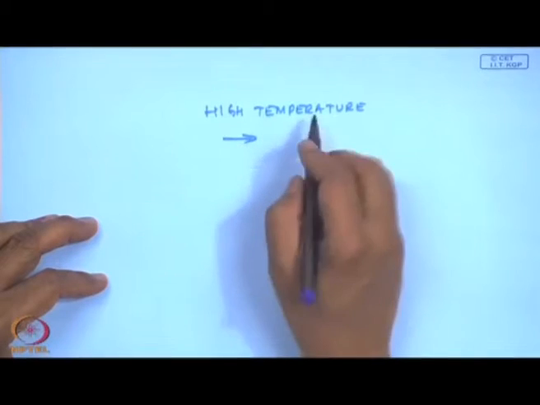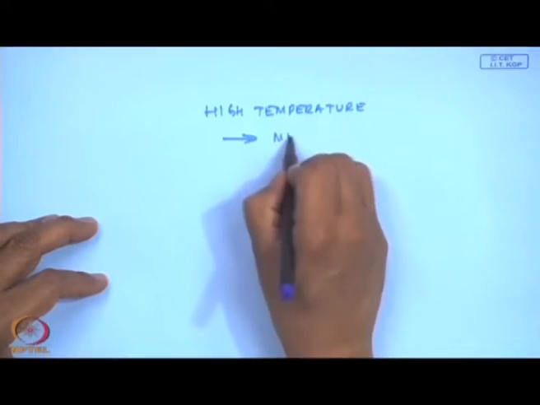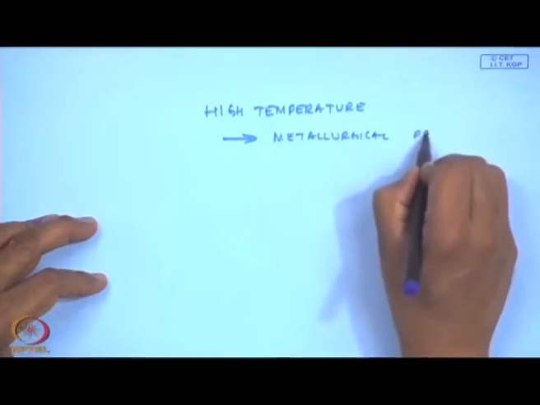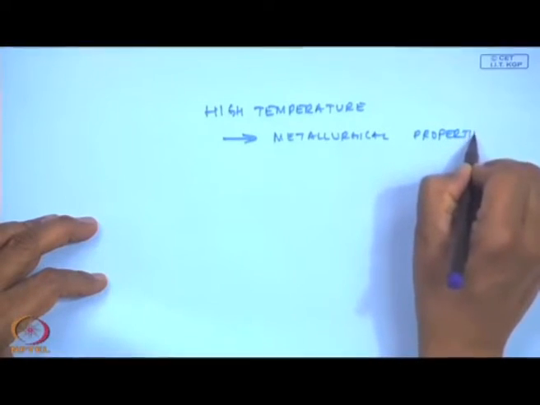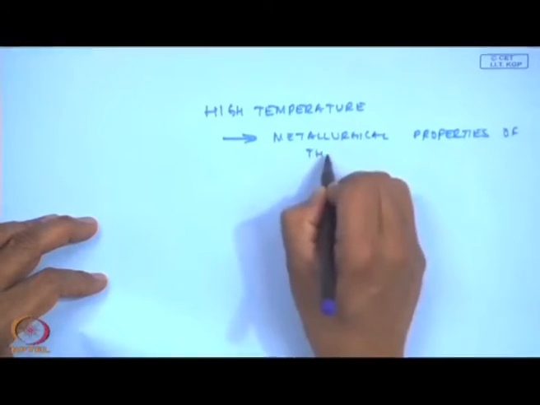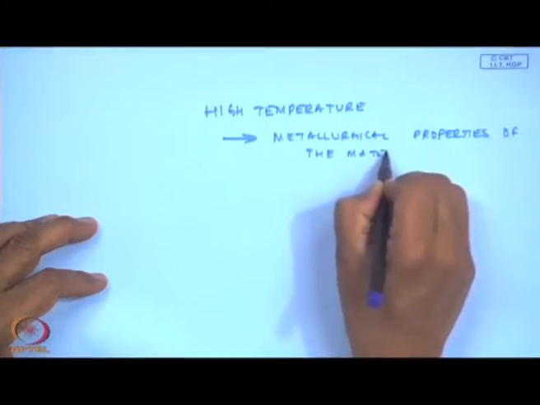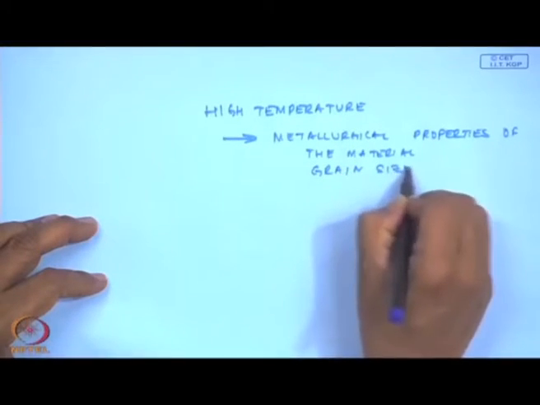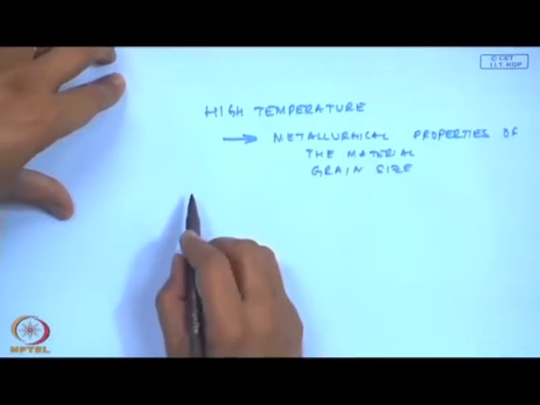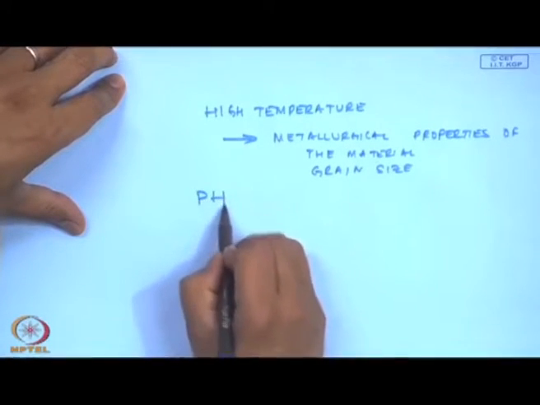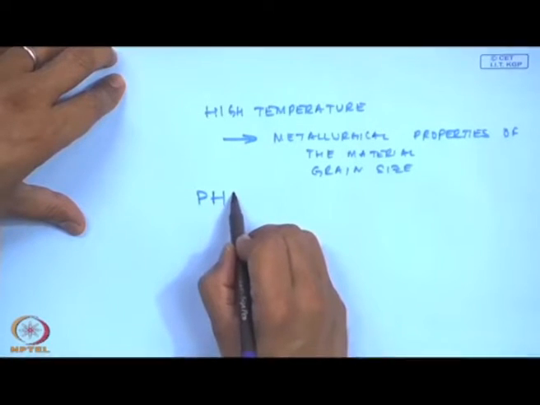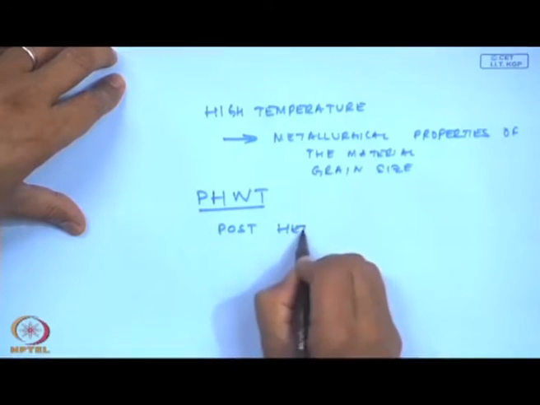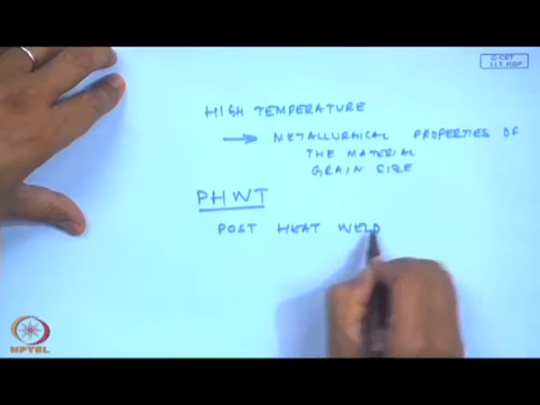This changes the metallurgical properties of the material in terms of its grain size, etc. So, particularly in welding, they do what is known as post heat weld treatment.